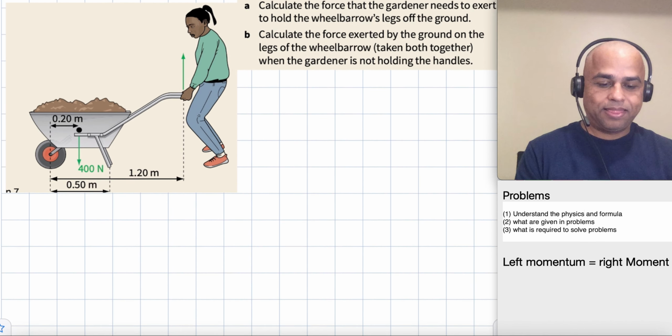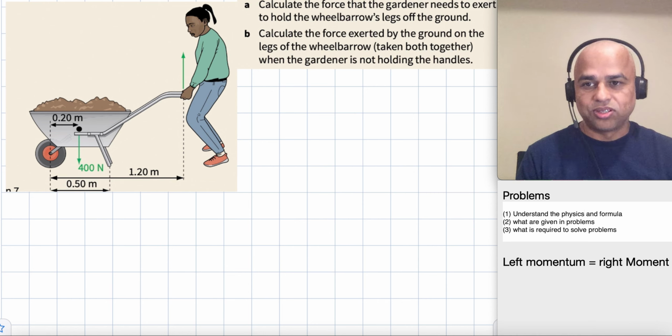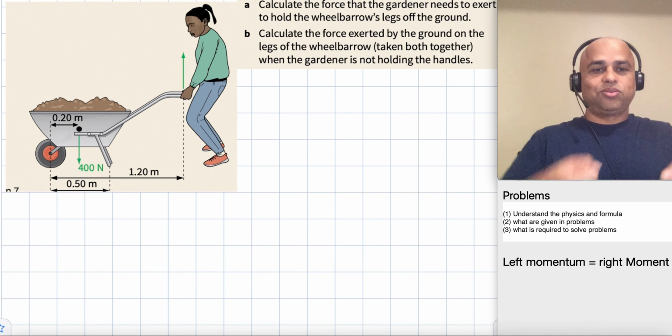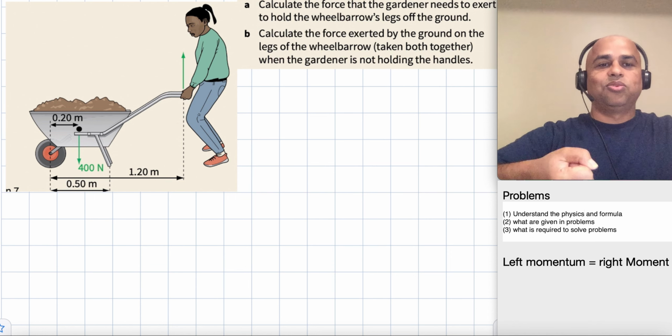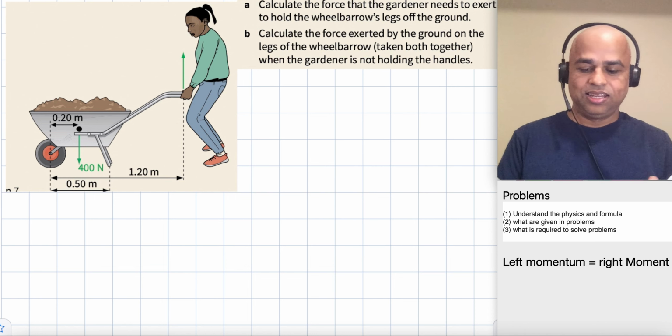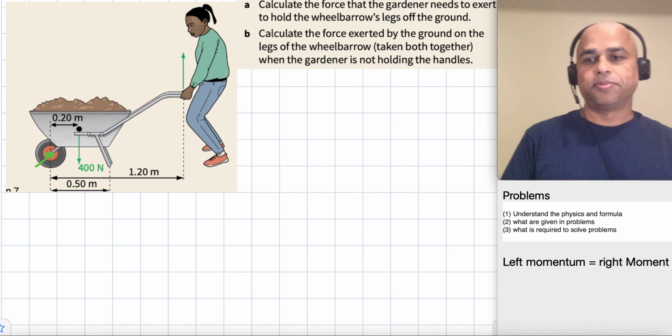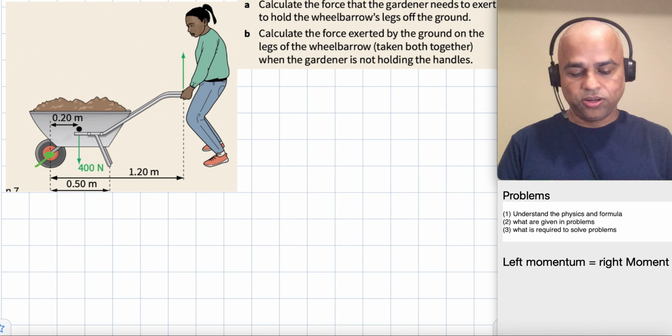Okay. In another problem, it's a wheelbarrow problem. The wheelbarrow carries the load. This is the pivot, here is this one point. Here's the wheel, there's the pivot, and the load. You are applying the force in the up direction, right?